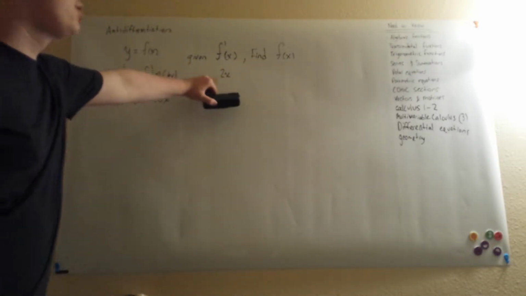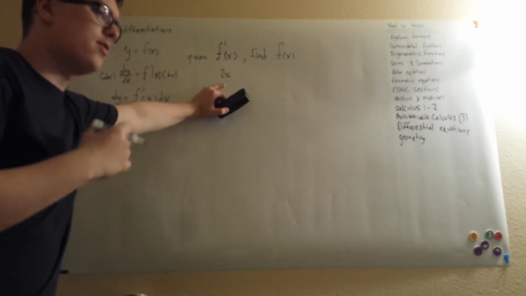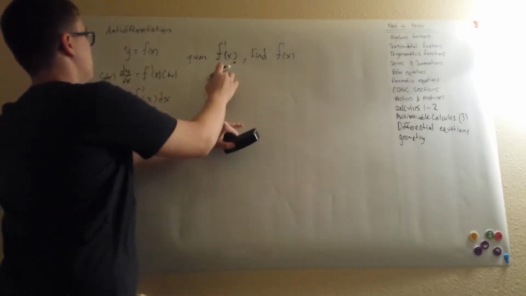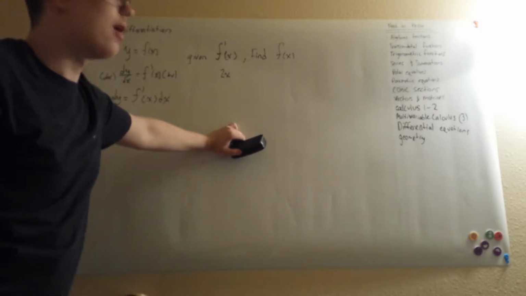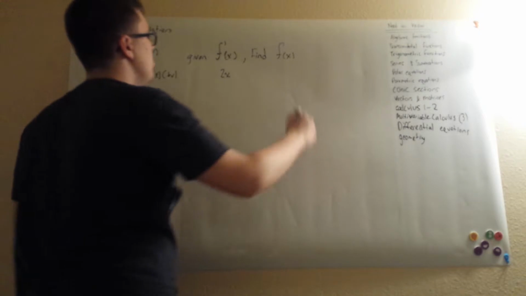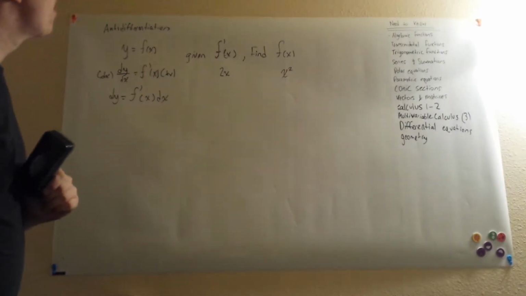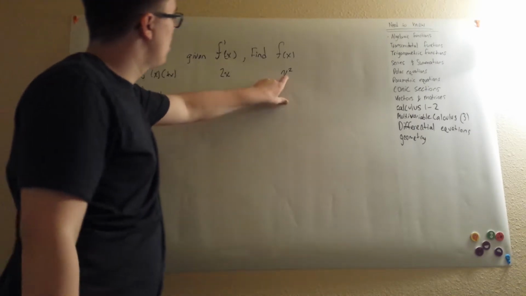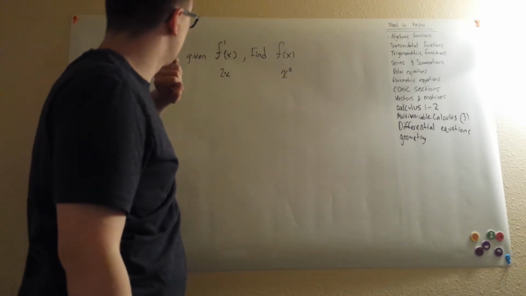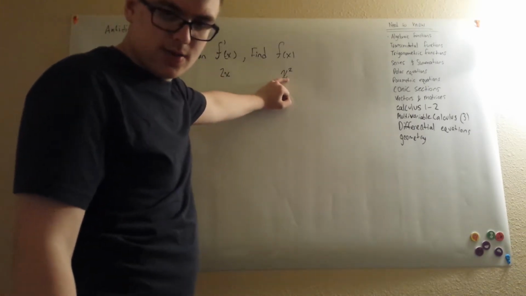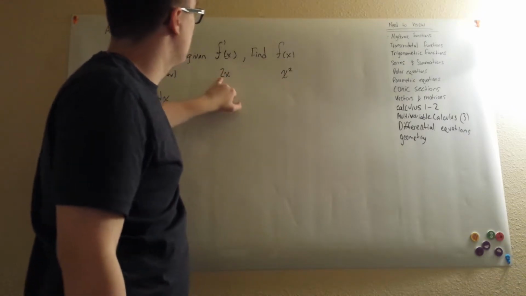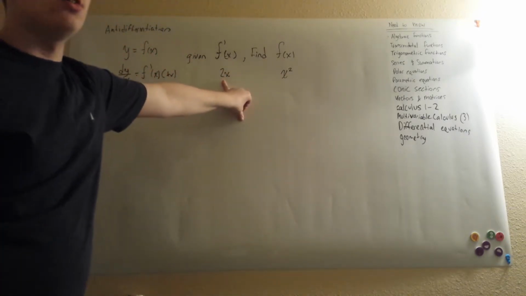Now we've done a derivative so often that we always see 2x here. And that would be the derivative of x squared. So, okay, we know f of x is x squared, and f prime of x is 2x.